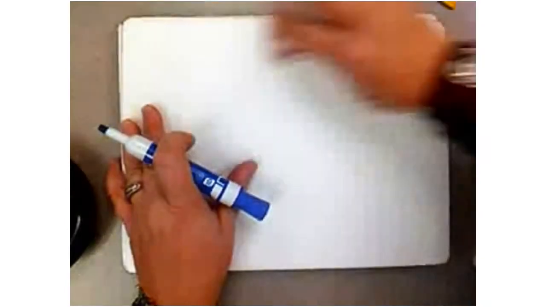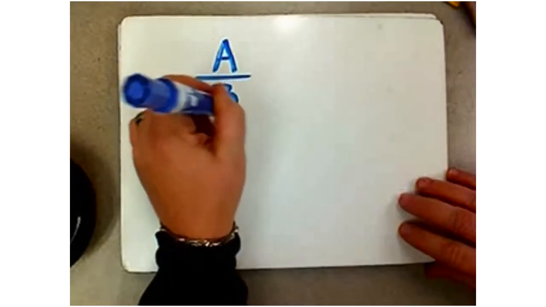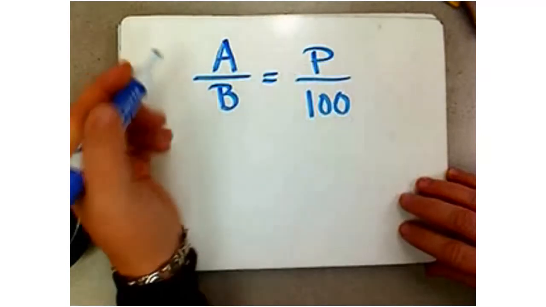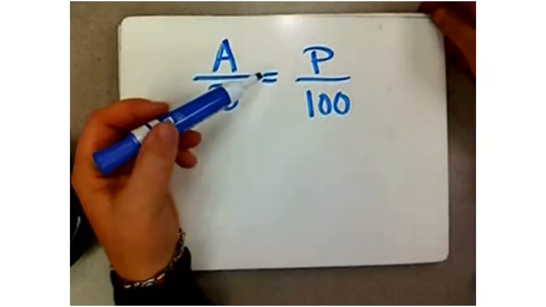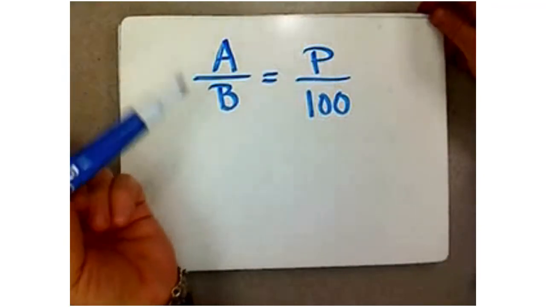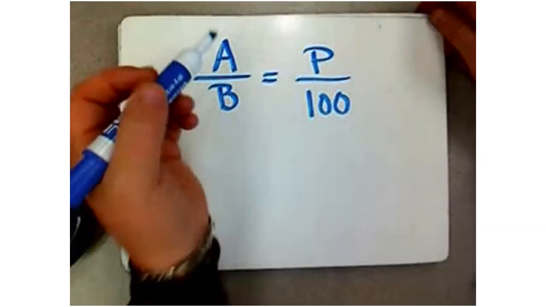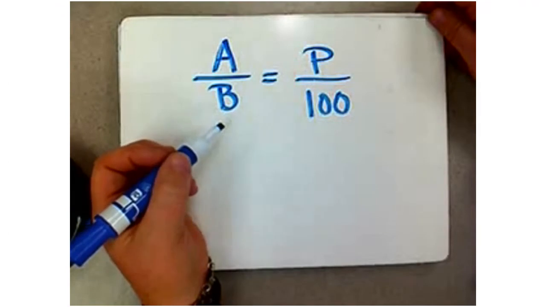So the proportion method for solving percent problems uses the proportion A over B equals P over 100. You've done proportions before, so you know that you have to cross multiply and divide.